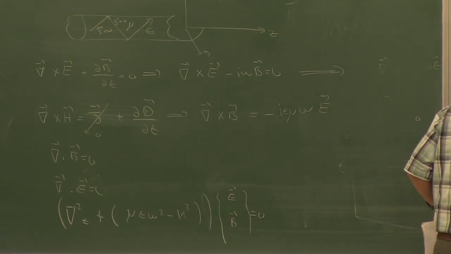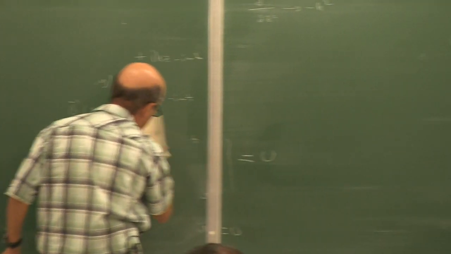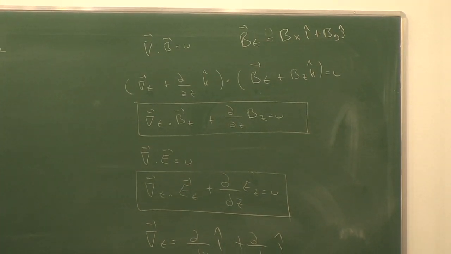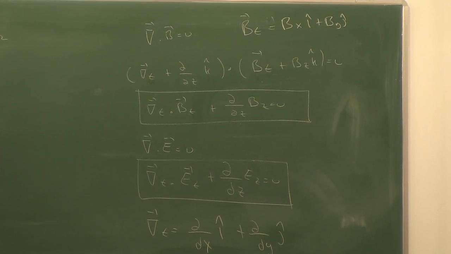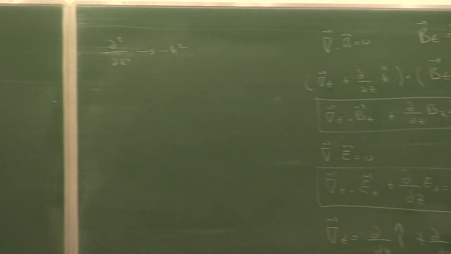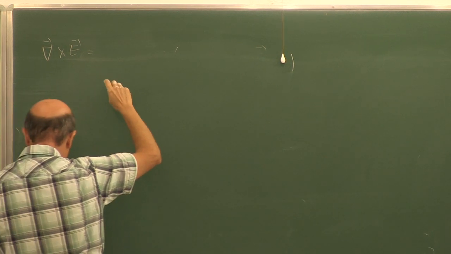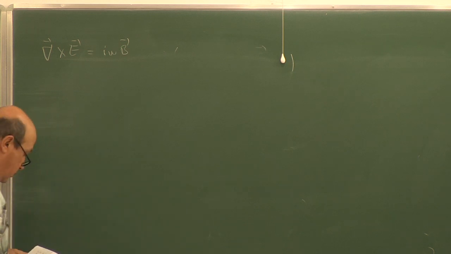Now let us start to play with the vectorial forms of the Maxwell's equations. I'll start with Faraday's equation: curl of E is equal to i omega B. This is a vectorial equation.